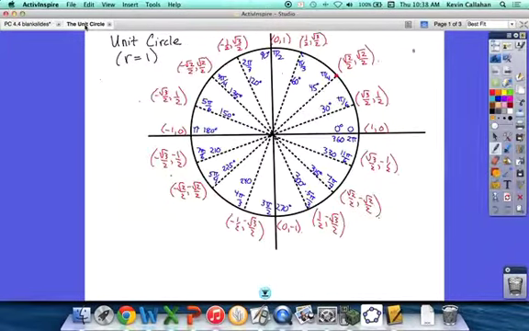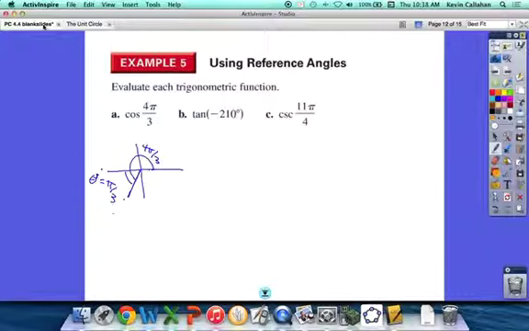Go to the unit circle and say the cosine of pi over 3 is 1/2. Then you say, yeah, but I'm in the third quadrant. What's the sign of cosine in the third quadrant? It's negative, so this has to be negative 1/2.